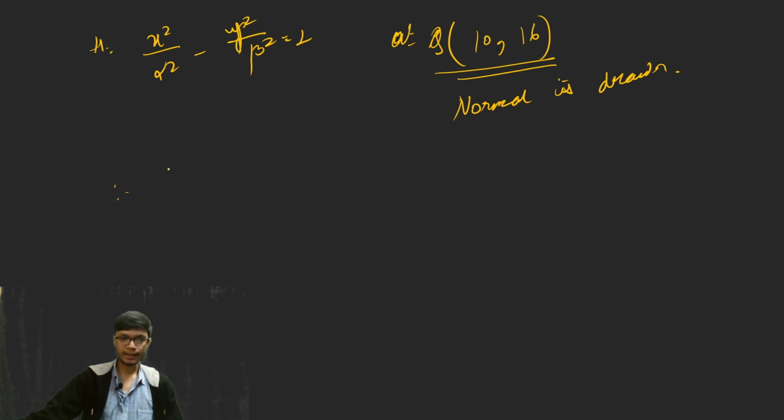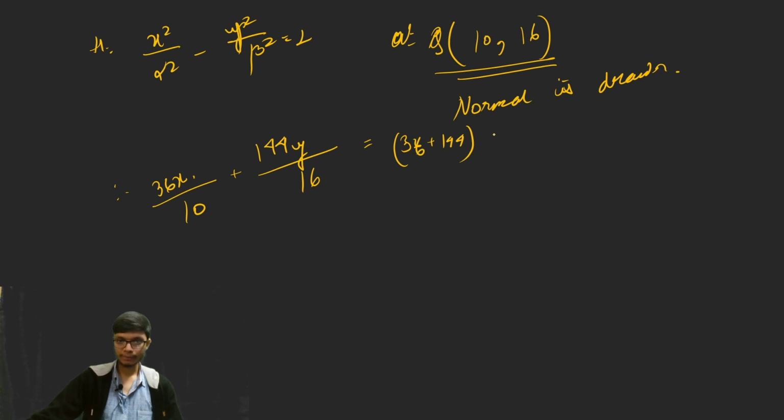In the same fashion you can remember it: a square x by x1 plus b square y by y1 is equal to a square plus b square. Since we are drawing it at Q, which is 10 comma 16, alpha square is 36, so it is 36 times x by 10, plus beta square, which is 144, times y by 16, is equal to a square plus b square, that is 36 plus 144, which will be 180.